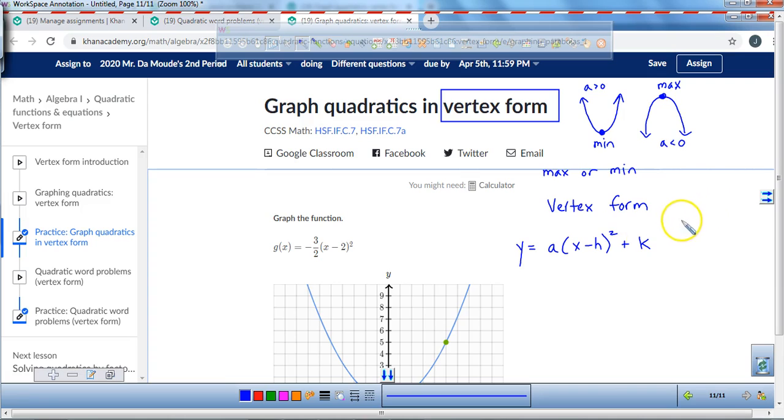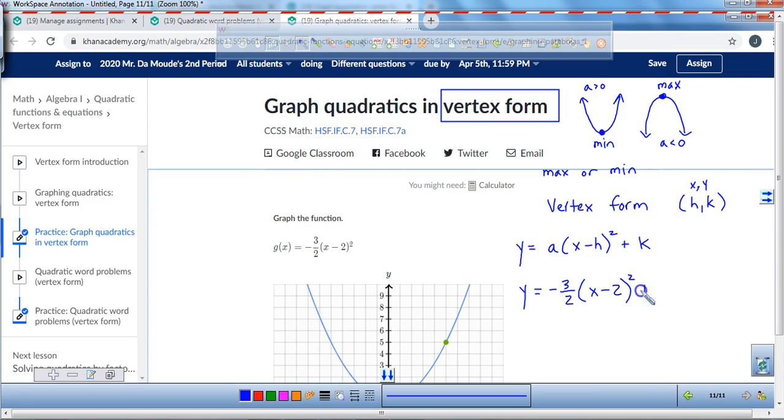Alright, so in vertex form, the h and the k value represent the x and the y value of the vertex. Right over here, I'm just going to do a quick little example. Say negative 3 over 2 times (x minus 2) squared.